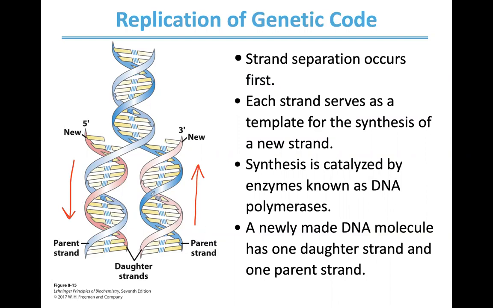Okay, and so you can see immediately already, it's actually beautiful how this works, right? It's not like you have to separate the two strands fully apart and then synthesize two more, then re-anneal them or recouple them. You don't have to do any of that, right?